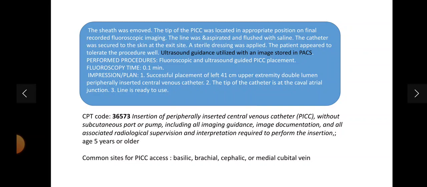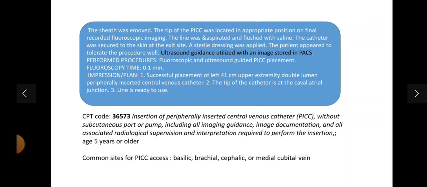So only one code has bundled all the procedures, and there is no need to code imaging guidance. This report is only to show how the documentation is given for coding ultrasound guidance 76937.